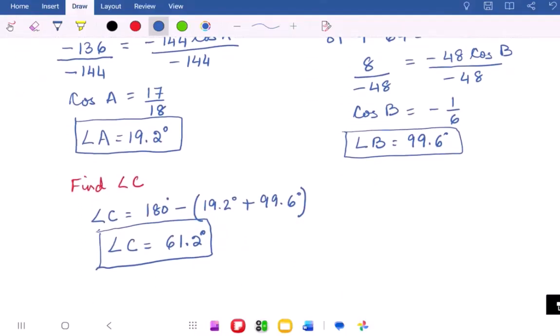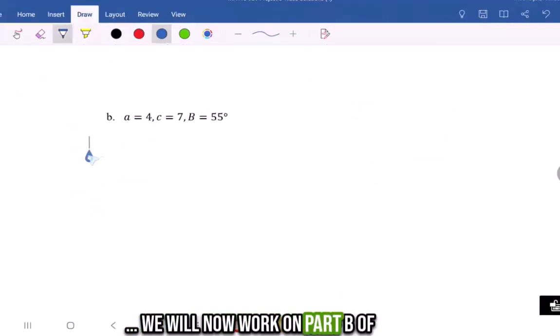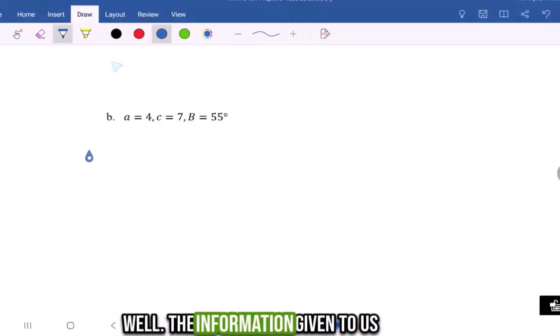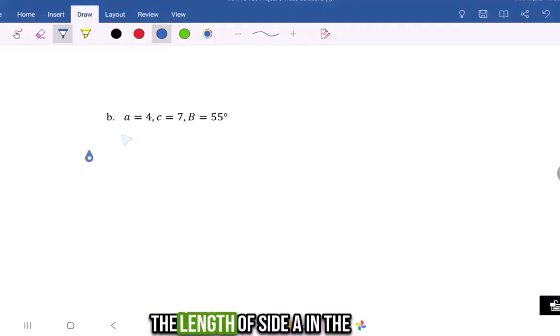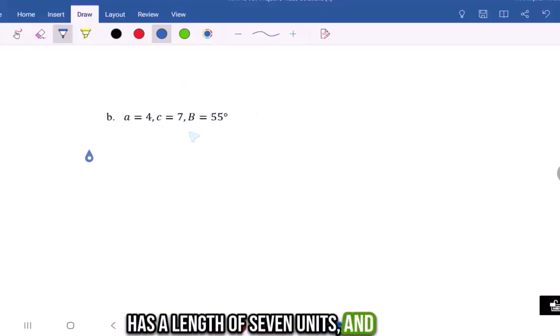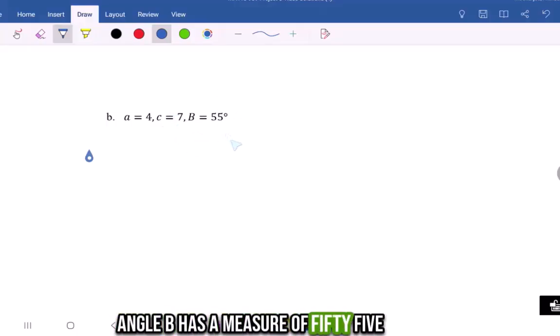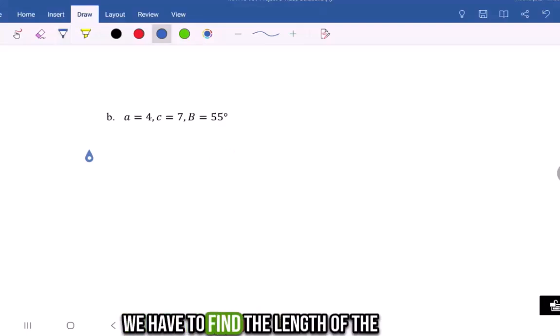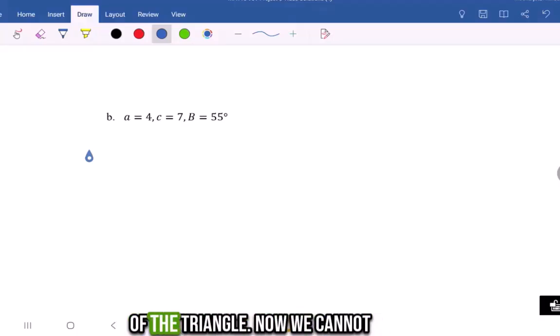All right? We will now work on part B of question number 12, which is a problem on solving triangles as well. The information given to us is that the length of side A in the triangle is 4 units, that of C has a length of 7 units, and angle B has a measure of 55 degrees. Given this information, we have to find the length of the missing side and 2 of the angles of the triangle.